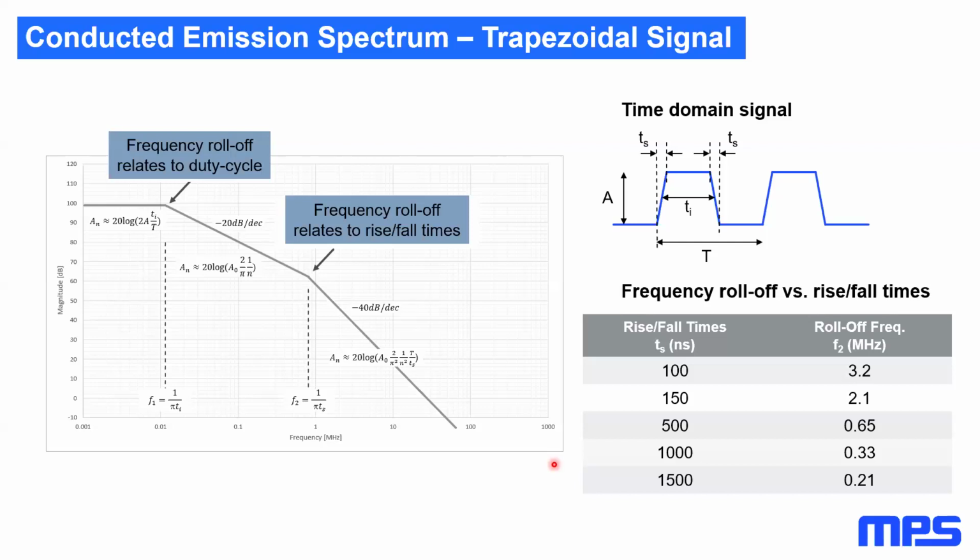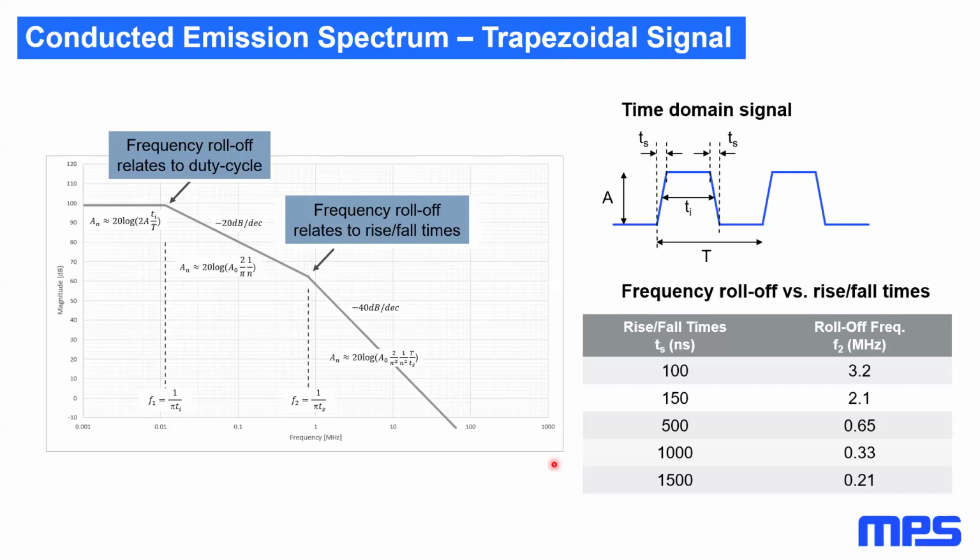However, for the frequency range of 30 to 300 MHz, which includes the FM radio band, EMI filters are less effective. In this frequency band, minimizing the parasitic capacitance on the switch node and controlling the motor phase voltage dV/dt are critical to reduce conducted emissions on the motor lines.